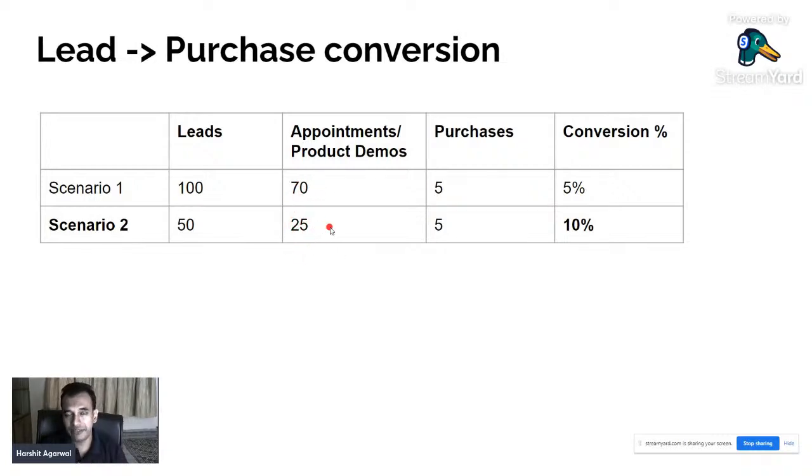So the business saved its time and resources in doing these demos, and still it has 5 purchases. So the conversion is much higher, as the business made sure that it qualifies the leads before investing its time and energy in giving them a product demo.